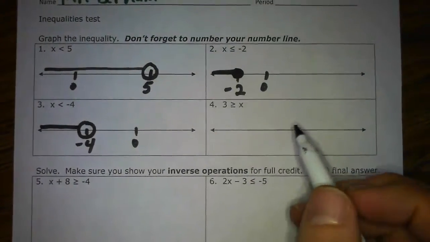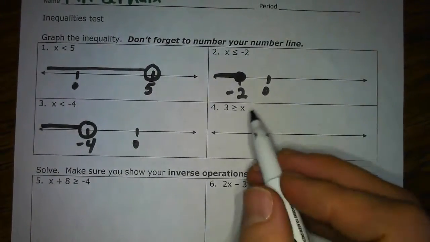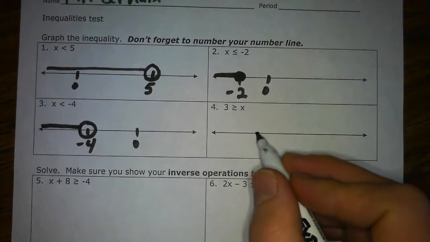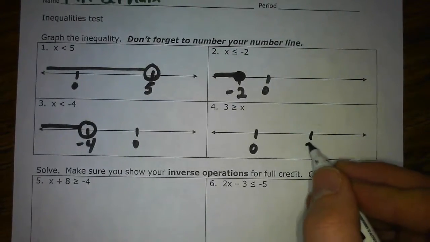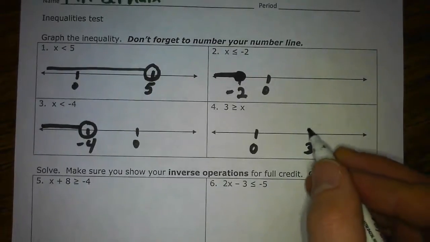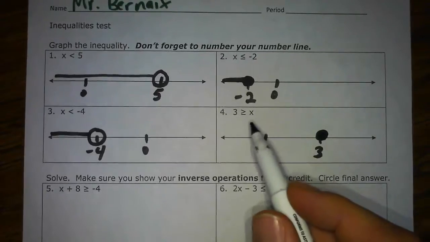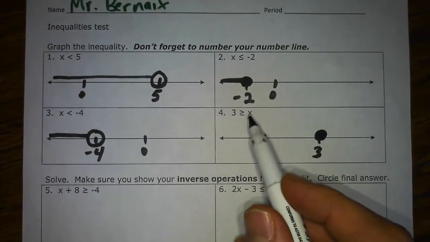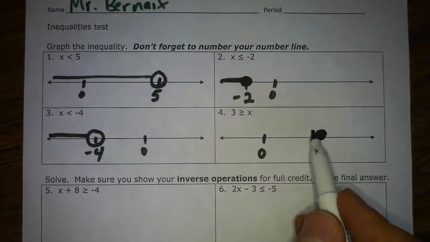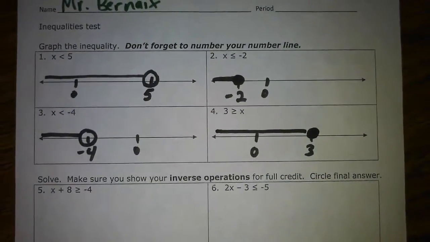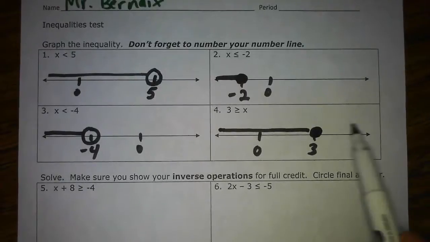Number 4, x is less than or equal to 3. So I'm going to draw my 3 on my graph. Closed circle because it has an equal sign underneath. It says x is less than or equal to 3, so I'm going to shade to the left. A lot of you missed this question. A lot of you shaded to the right here.